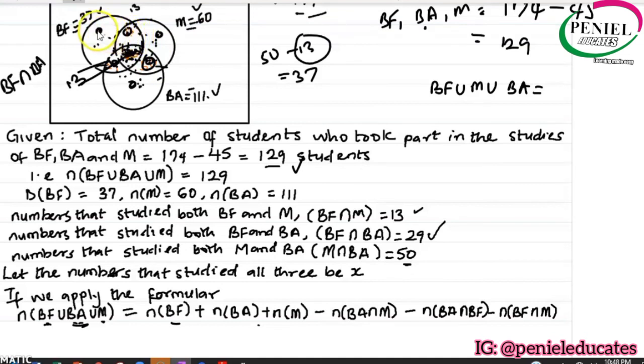That is banking and finance intersect mathematics. This is actually 13. So if you minus the 13 here, there is 0 here. So that means nobody actually studied banking and finance and mathematics only. So all the 13 that study all the three subjects did not study banking and finance and mathematics alone together.